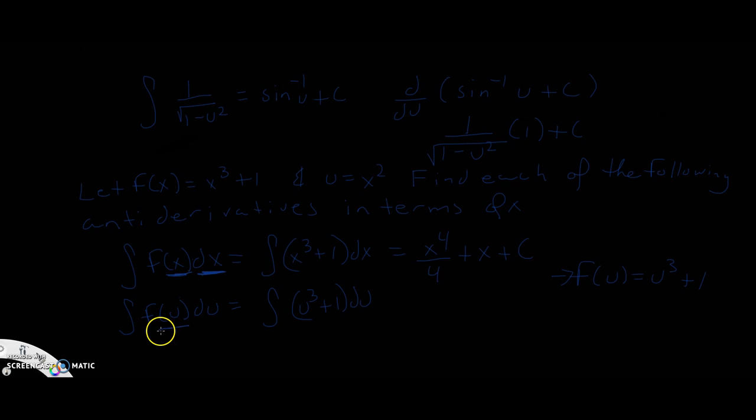The variables match up, so it's not an issue. The antiderivative of u to the third is u to the fourth over 4 plus u plus c. Now plug in your x squared, and you get x to the eighth over 4 plus x squared plus c.